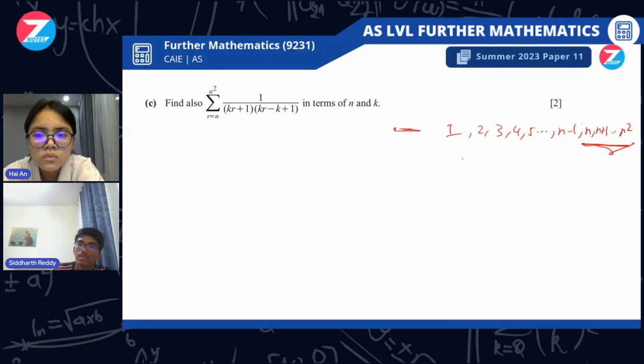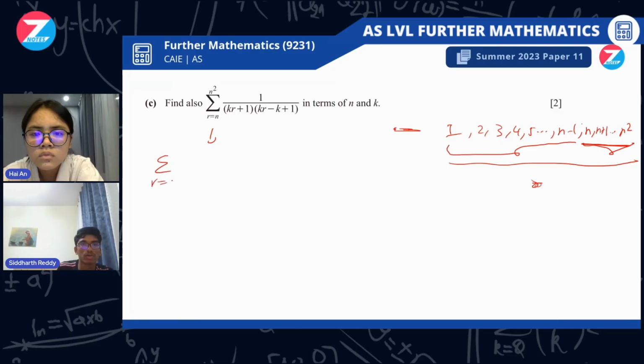So what we notice is that that's actually equal to the sum from 1 till n square minus the sum from 1 till n minus 1. So this is going to be equal to the sum from r is equal to 1 to n square minus the sum from r is equal to 1 to n minus 1.